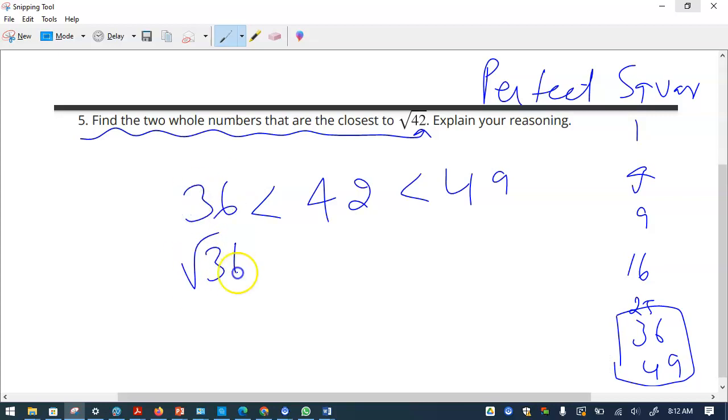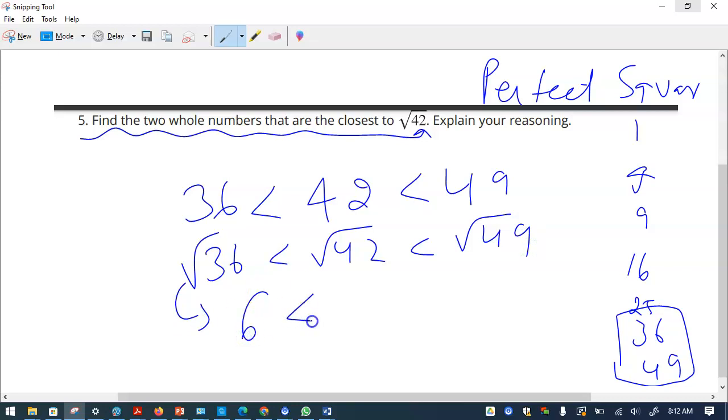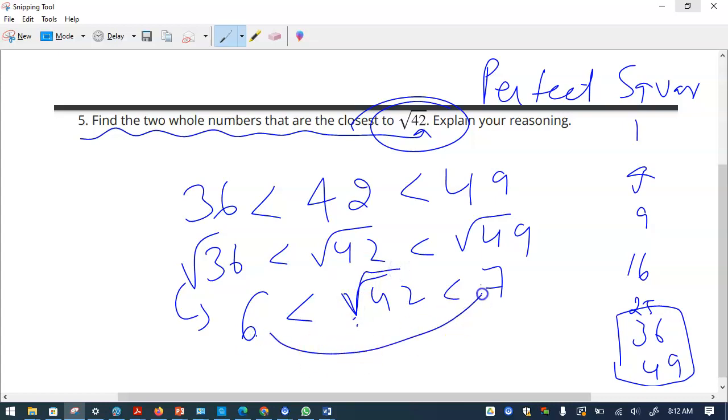That means if you take the square root of all of them, the order remains the same, and the square root of 36 is 6, this stays square root of 42, and this is 7. So the value of square root of 42 is between 6 and 7.